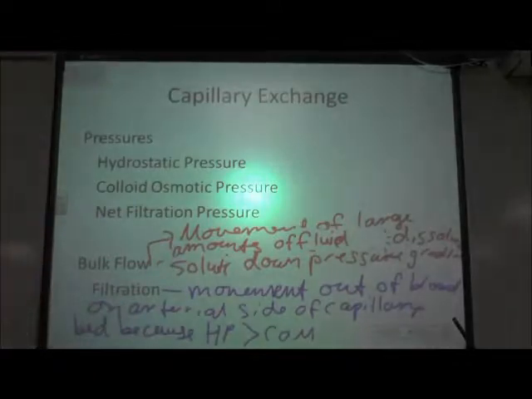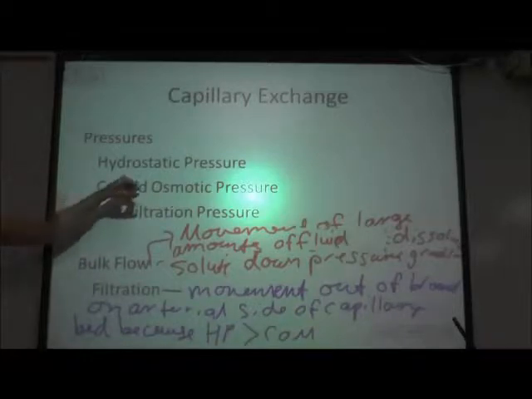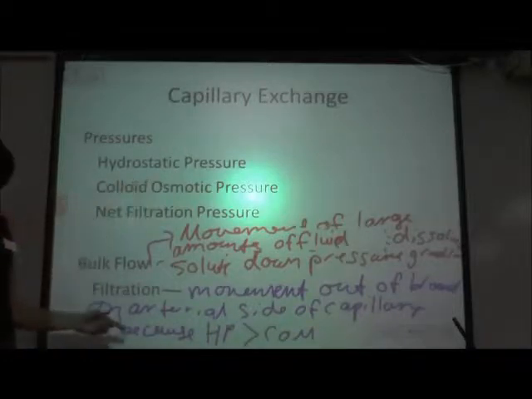So the blood that's coming into our capillary bed is full of water, it's full of nutrients, it's full of our respiratory gases, it's got lots of stuff in it. So as it's coming through there and we push that fluid through those capillaries, we're going to squeeze it all out, because the hydrostatic pressure, or the pressure that's pushing the fluid out, is greater than the pressure of water to move back in on the arterial side.